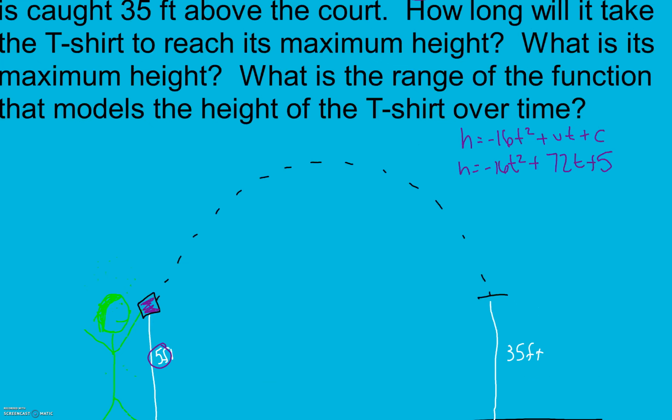Now, we want to know how long will it take to reach the maximum height. The maximum height is about here. So we want to know from here to here, how far is that time? Well, that maximum point here is our vertex.